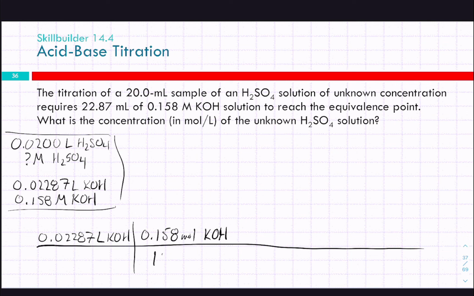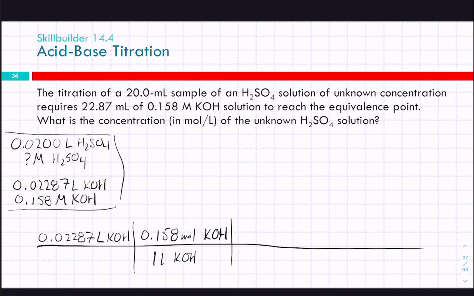Moles KOH, 1 liter KOH. And now, and this is kind of based on what we did before, but we know that for every KOH, we're going to get 1 OH minus. But for every H2SO4, we're going to have 2 hydrogens, 2 H plus.